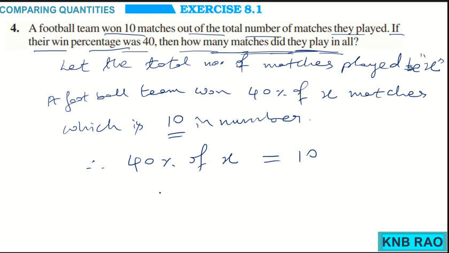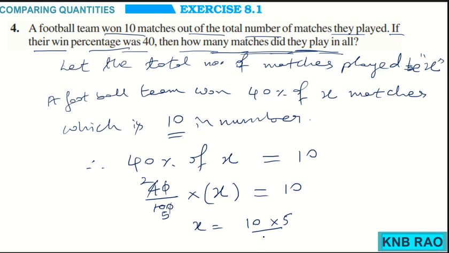So, you know how to solve this. 40 percentage symbol is nothing but upon 100, of operation into X equals 10. The 0s get cancelled, and 2 2s are 2, 5s are, therefore X equals 10 into 5 by 2.